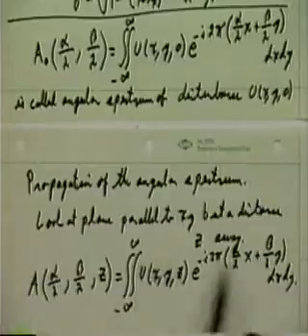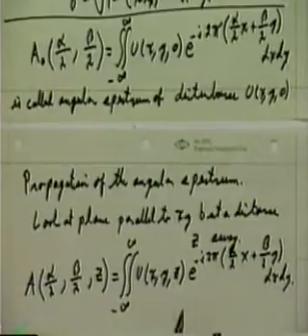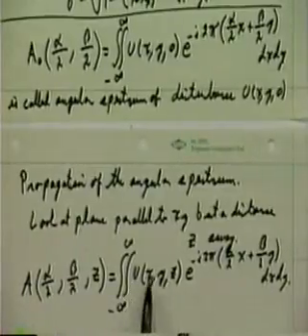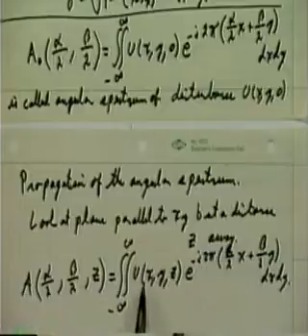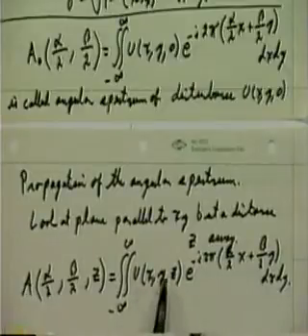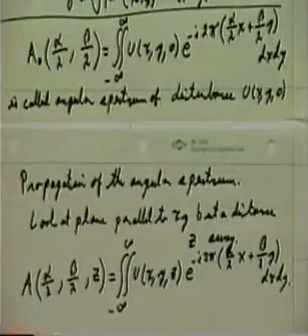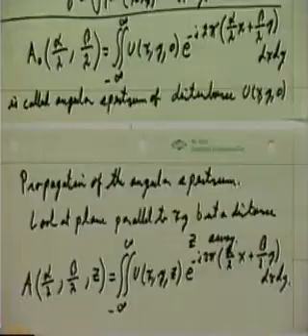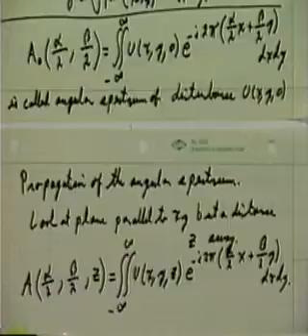So again, it's just a Fourier transform relationship. Right now we don't know u of x, y, z. In fact, that's the whole goal of this section, is to determine u of x, y, and z. I'm just doing the Fourier transform of whatever this disturbance is here.